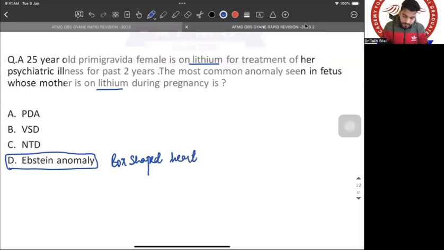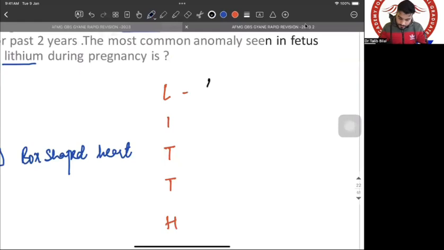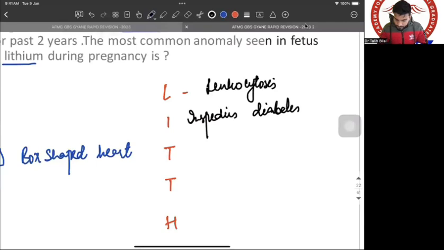If I talk about the side effects of lithium from the pharmacological view, guys, you have to remember it with LITTH, lith. L is for leukocytosis. I is for diabetes insipidus. T is tremors.